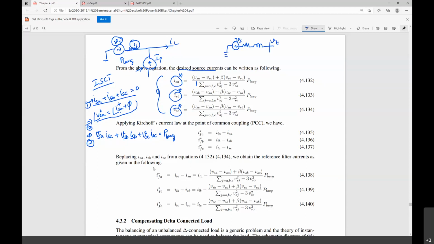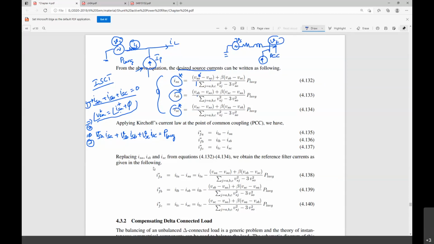We need to take the terminal voltages or the point of common coupling, wherever your compensator is to be connected. If the compensator is connected at this bus, these are the voltages to be taken in generating the reference source current, especially these voltages VSA, VSB and VSC.